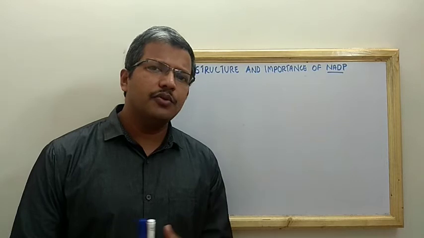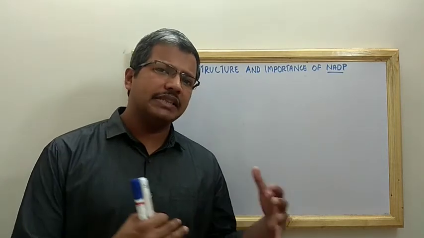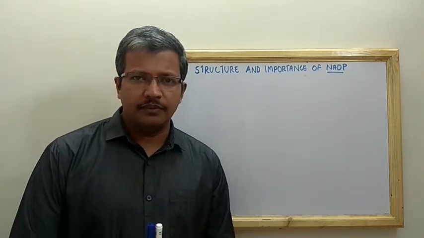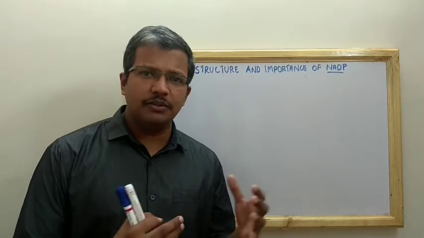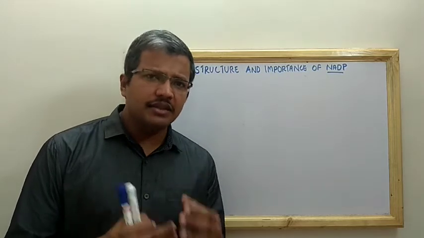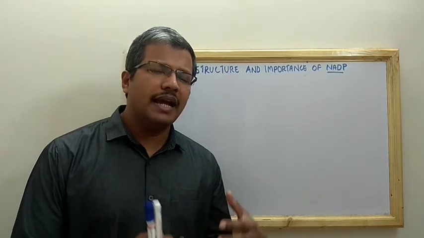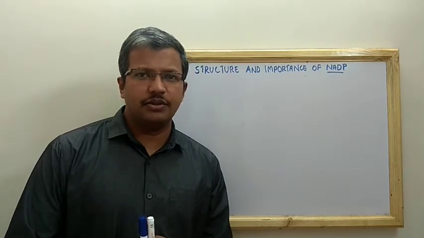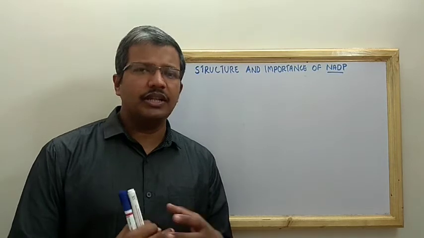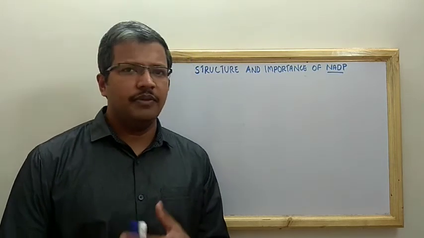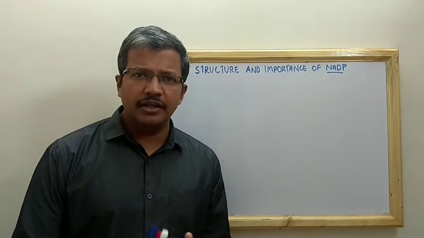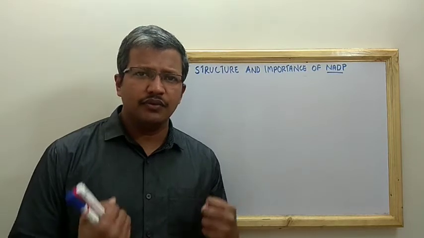Actually, the phosphate group is added to the niacinamide nucleotide. In that, we know that ribose sugar is there, and in the ribose sugar, the second carbon will be having a phosphate extra. So that's why it is known as NADP, niacinamide adenine dinucleotide phosphate.